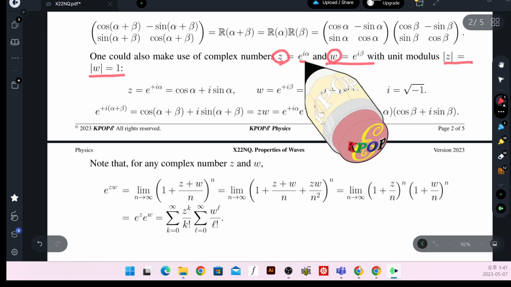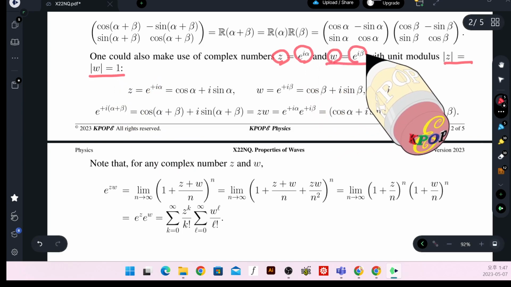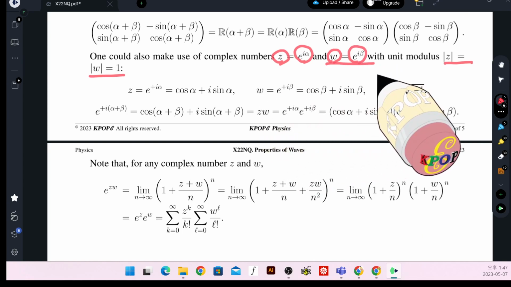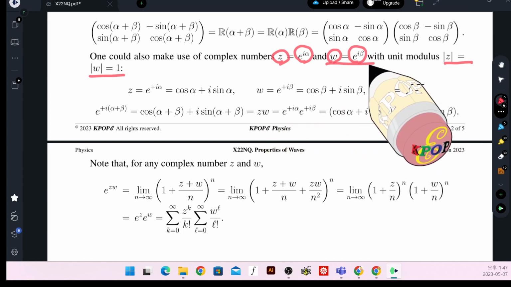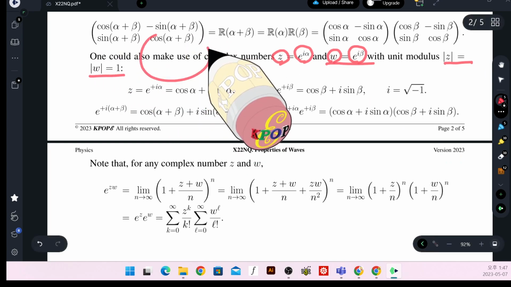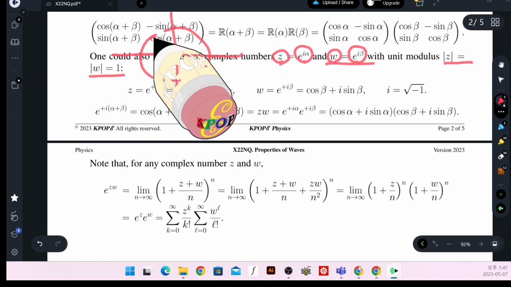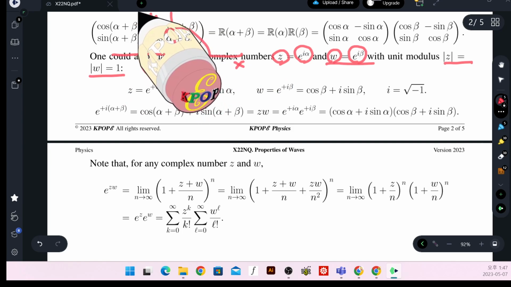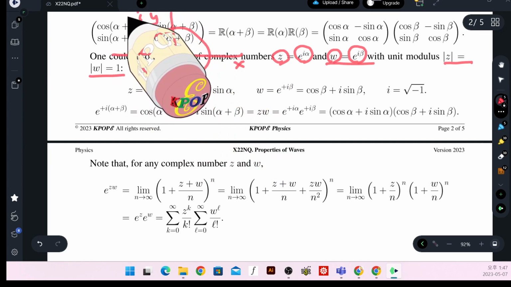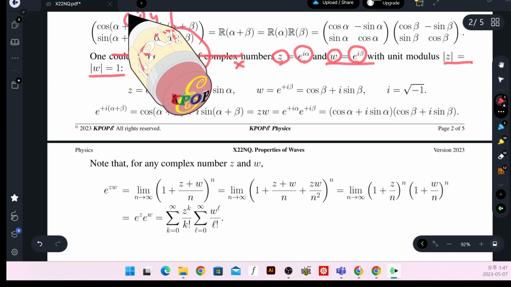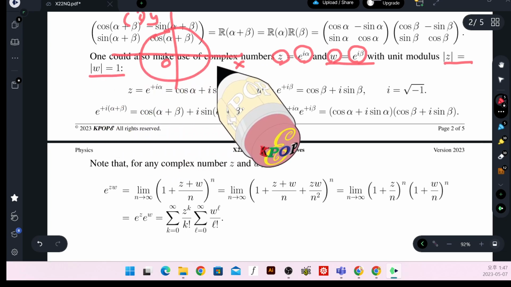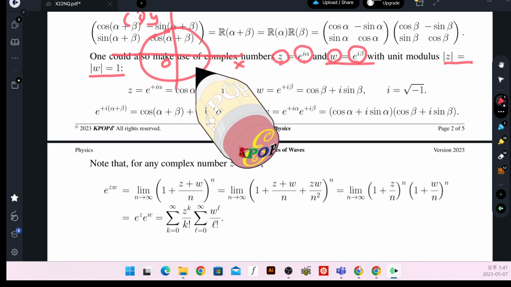They must be expressed as exponential i alpha and i beta, where the angle alpha is measured in the complex plane x, y, that is the real and imaginary part plane, which is identical to the two-dimensional Euclidean space.